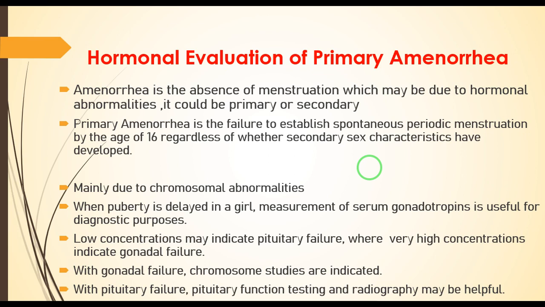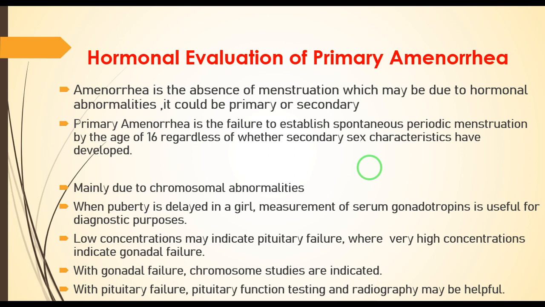How can we use hormonal assay to investigate this condition? We test the serum gonadotropins, which are the level of the follicle stimulating hormone and the level of the luteinizing hormone. If the levels of these hormones are higher than normal, this indicates that the defect is in the ovary itself, and as a compensation by the feedback mechanism, the gonadotropins increase trying to stimulate the ovary.